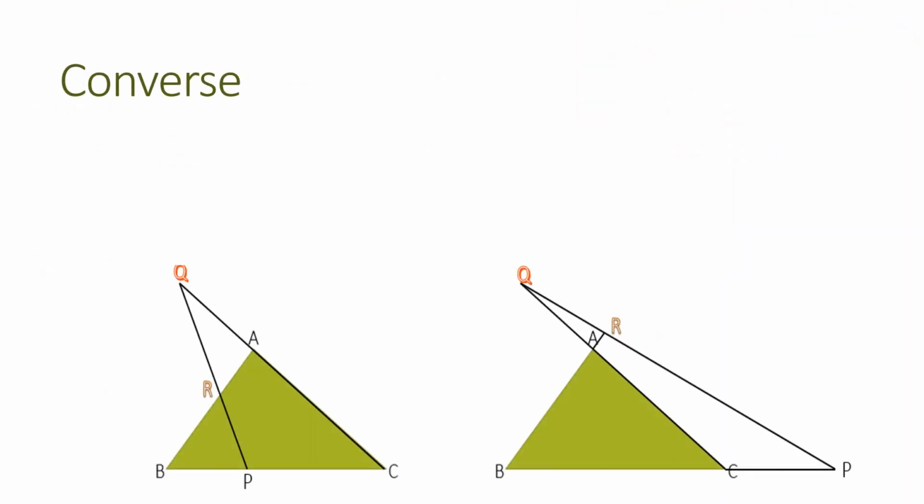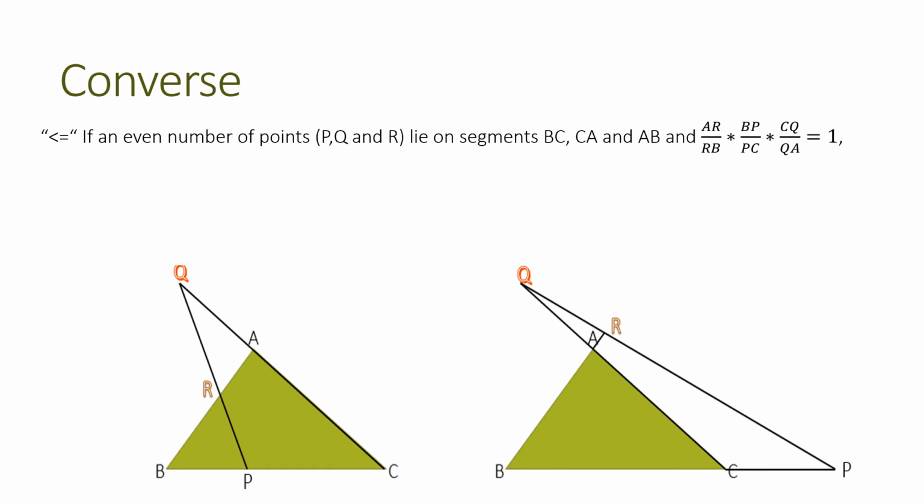The converse of the Menelaus theorem says, if an even number of points P, Q, and R are lying on segments BC, CA, and AB, and the Chevian product is equal to 1, then P, Q, and R are collinear.